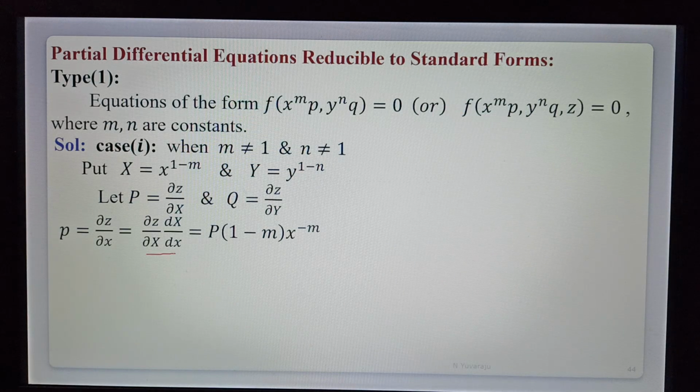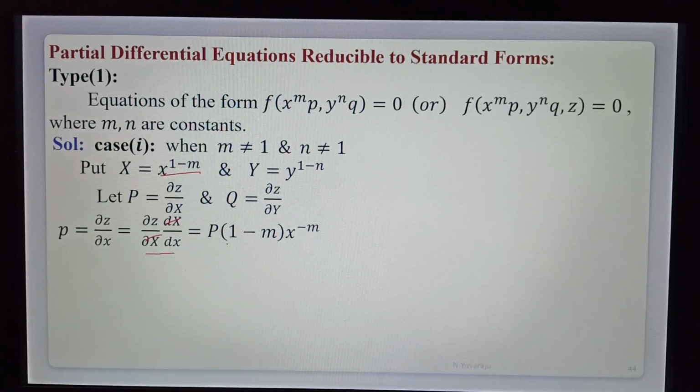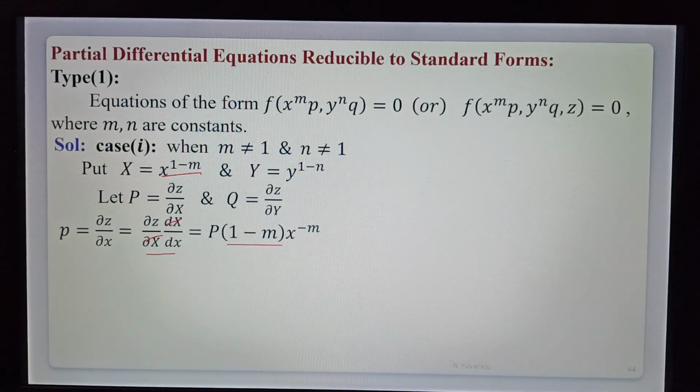Capital X is a function of the single variable x, so that is an ordinary derivative. Differentiating x power 1 minus m gives 1 minus m into x power minus m.